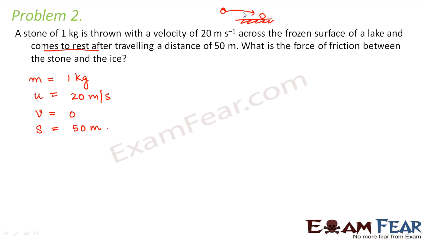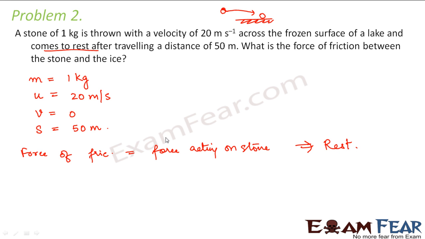I mean, when you throw the stone with this much velocity, there will be a force associated with it. So when the force of friction becomes equal to the force acting on the stone, then it comes to rest.